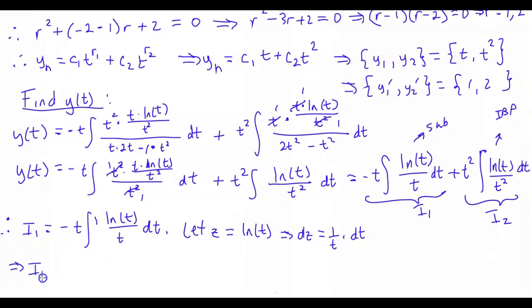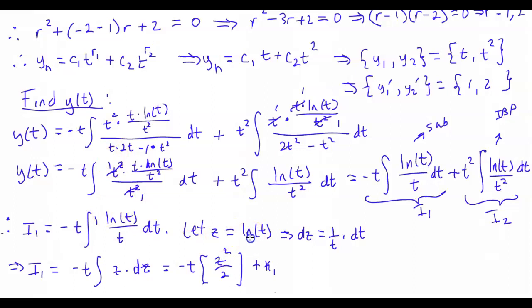So this implies that I1 is just going to be minus the integral of z times dz. And the antiderivative of z is just z squared divided by 2. And here I'm going to add the integration constant to this. So I'm going to put the k1 there.